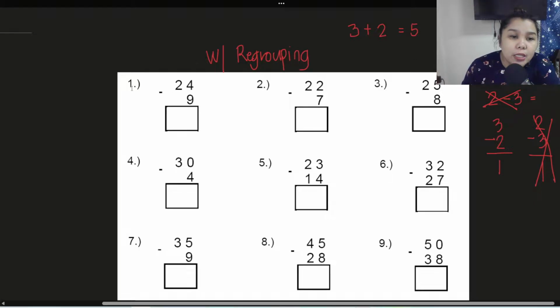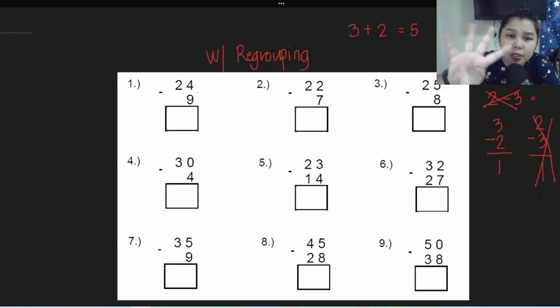Let's have number 1, 24 minus 9. If you remember, step 1, we start with ones, which is 4. 4 minus 9. Can we get 9 from 4? Hindi.